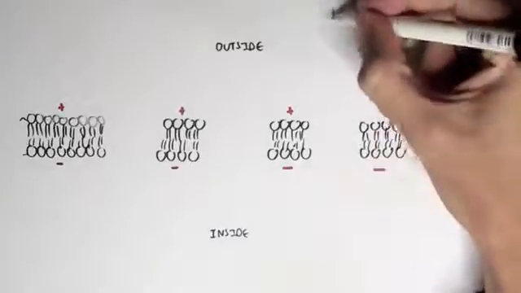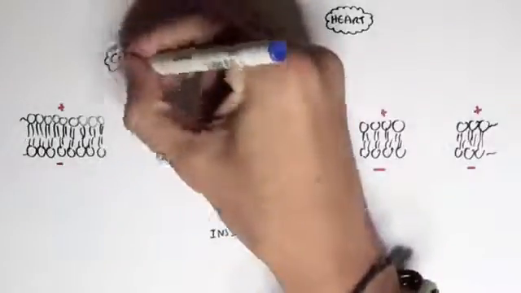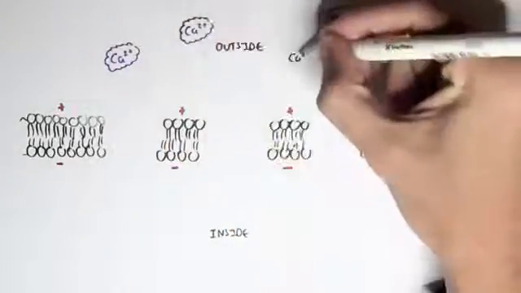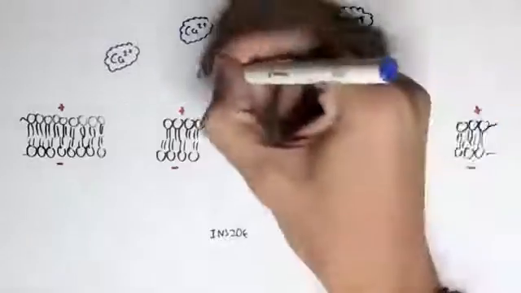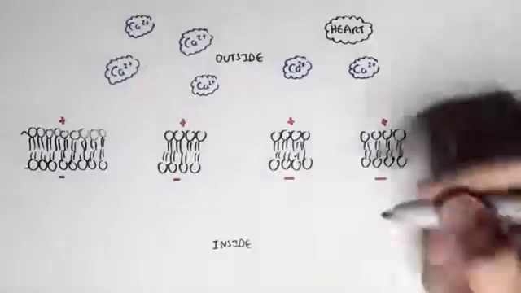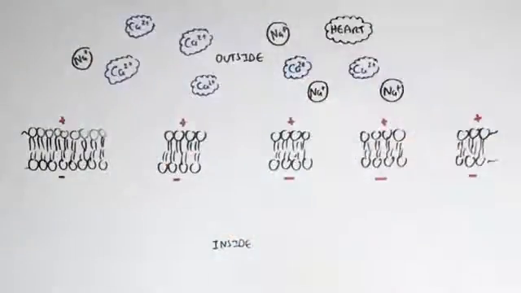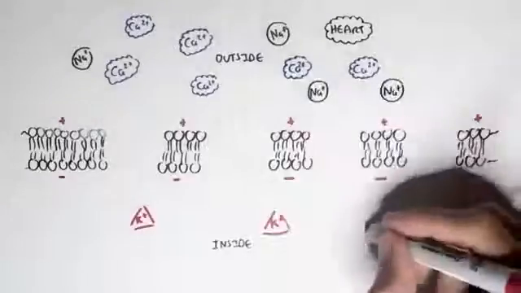And this is caused by the different distribution of ions across the membrane. So let's look at these ions, and there are three main ones that we're going to look at in the cardiac cells. On the outside we have more calcium and sodium ions, which are positively charged, and on the inside we have more potassium ions, which are also positively charged.